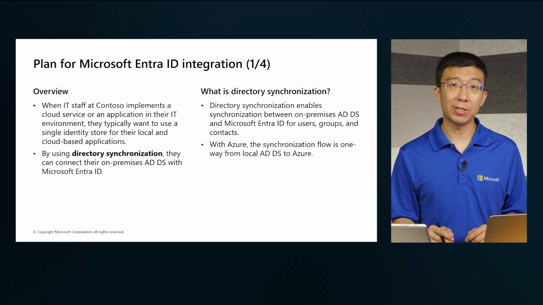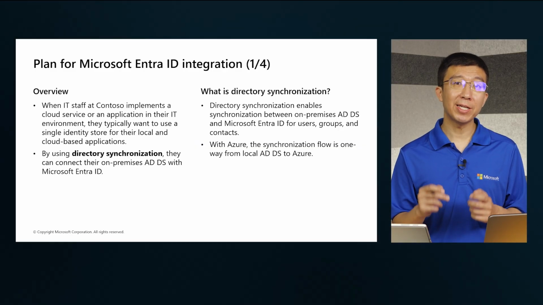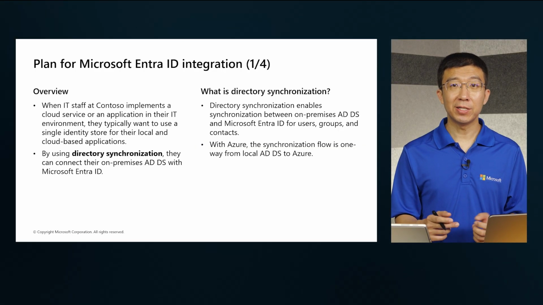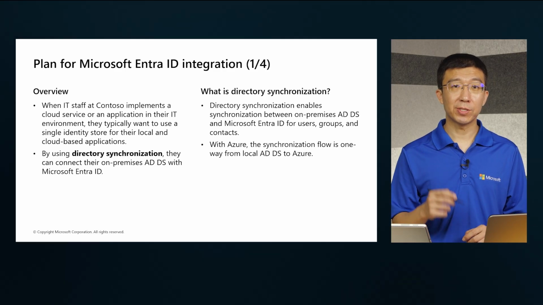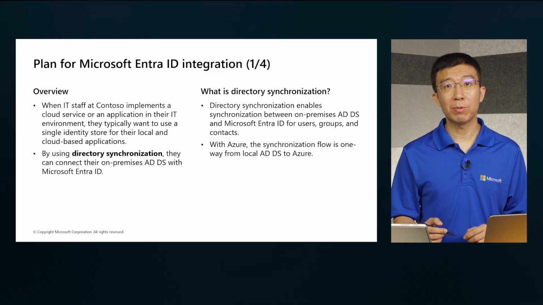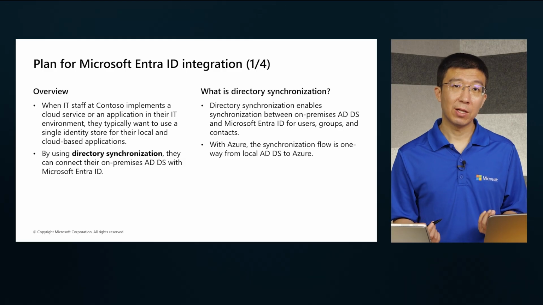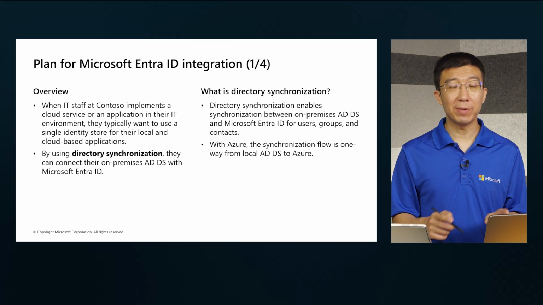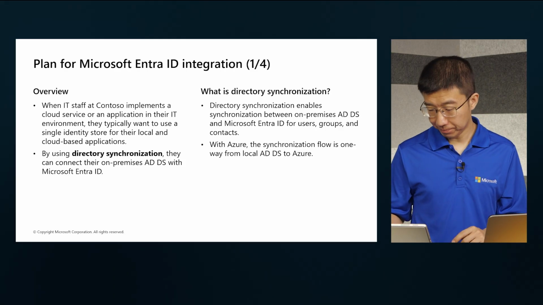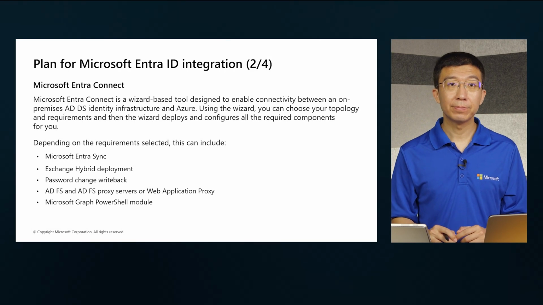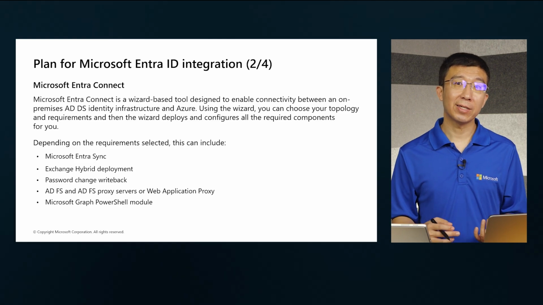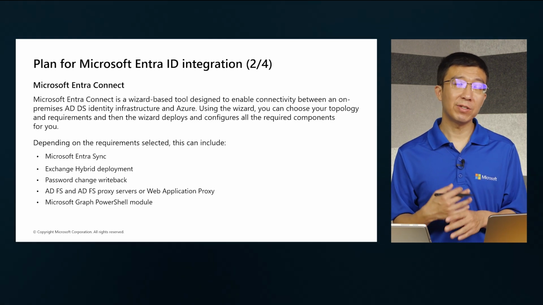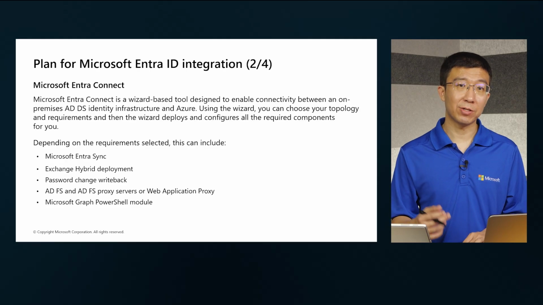Directory synchronization connects your on-prem ADDS with Entra ID, enabling users, groups, and contacts to be replicated to the cloud. The synchronization flow is typically one-way, from ADDS to Azure. Microsoft Entra Connect simplifies connectivity between your on-prem ADDS and Azure.